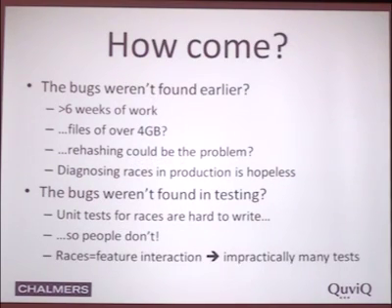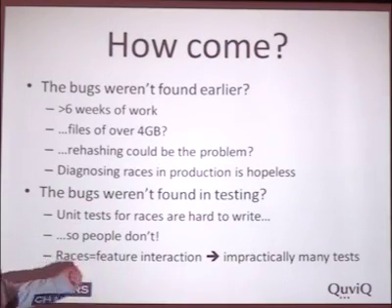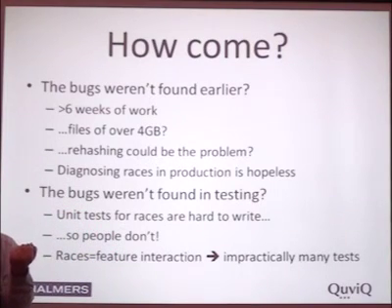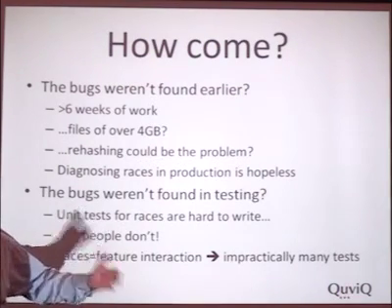I think another important point is that races are by definition some kind of feature interaction between 2 or more things that happen concurrently. Unit tests are okay for single features, but people write them to test 1 feature at a time. There's a good reason for that. If you've got n features, you're going to have to write order n tests.